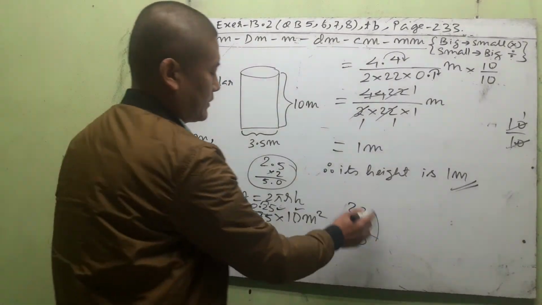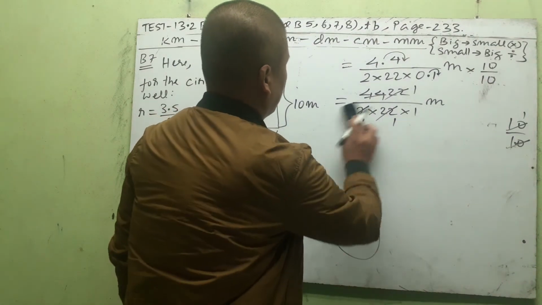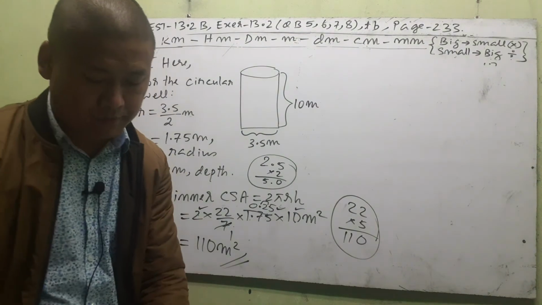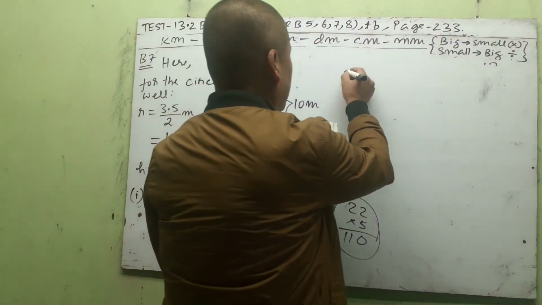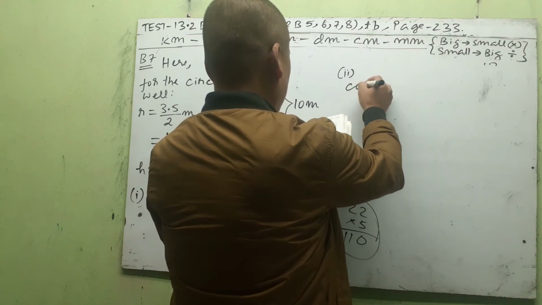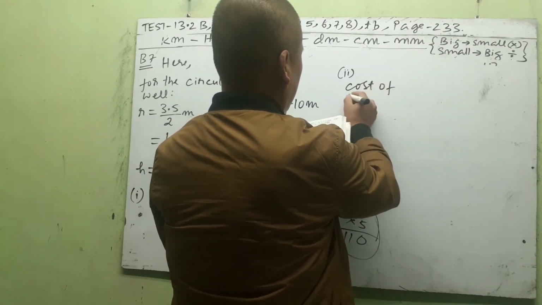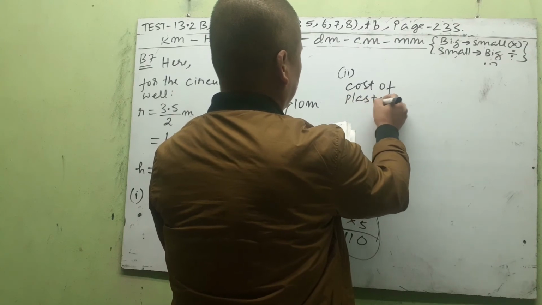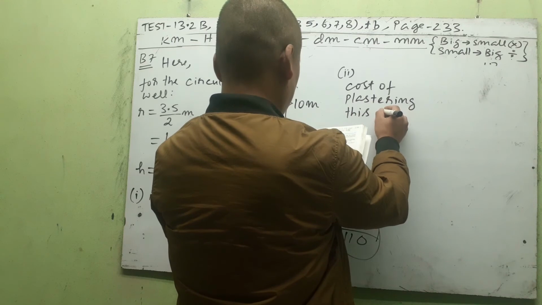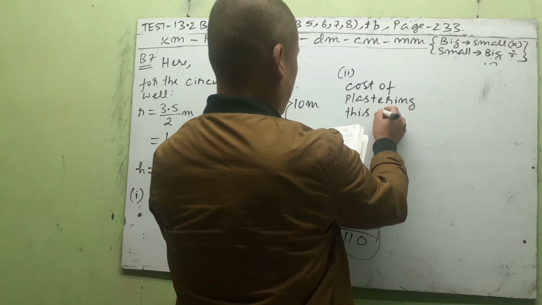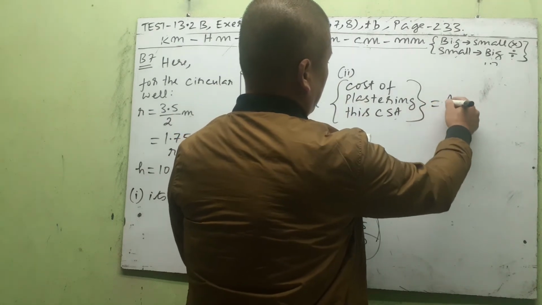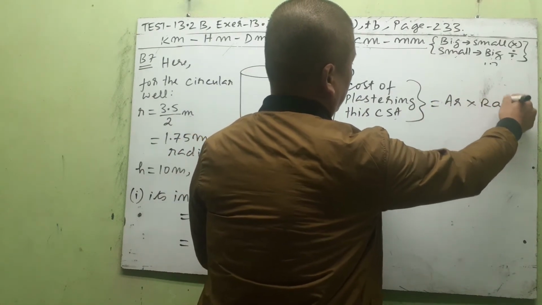Okay, I can write these things in the rough if you want. Next here, number 2, the cost of plastering this inner surface. The cost formula is area into rate.